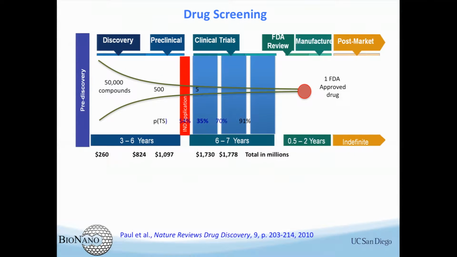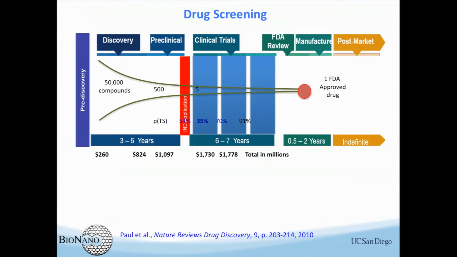The main reason for that high cost and long development time is that many of these compounds fail at different stages. That could be very catastrophic if a drug fails at the clinical trial stage, when you have already spent like 7 years and about $1 billion on this. This can be very bad for small companies, and also a significant burden for big pharmaceutical companies.